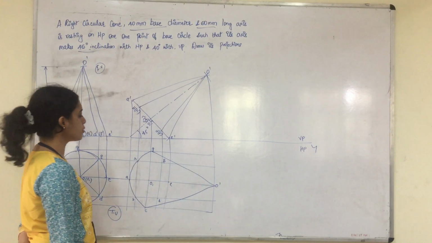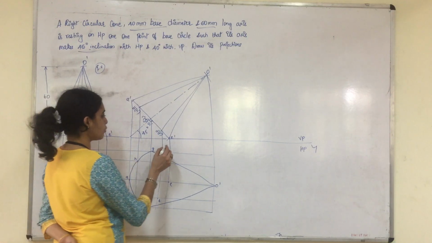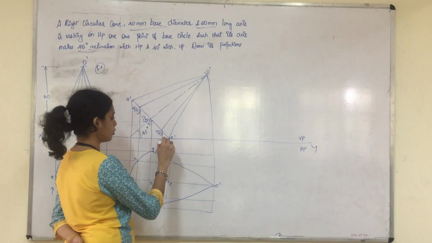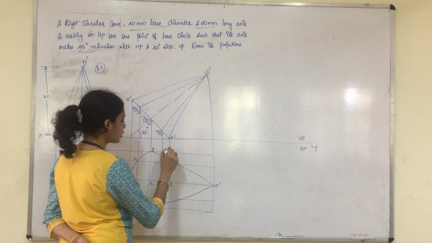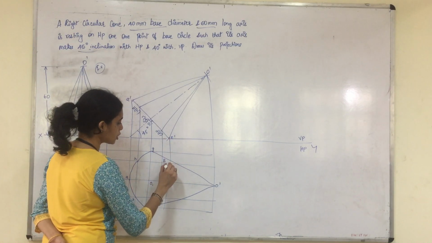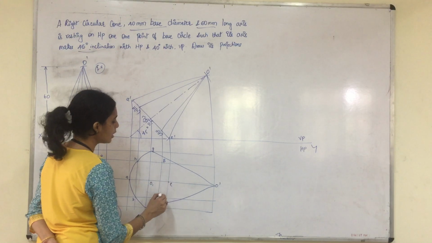After this you should see which are the hidden lines. Now you can see that one of the corners of the base of the circular cone is lying on the XY line. That shows that the projection coming through that corner will be hidden. So E dash, this is the projection of point E. Any projection coming through point E will be dotted.